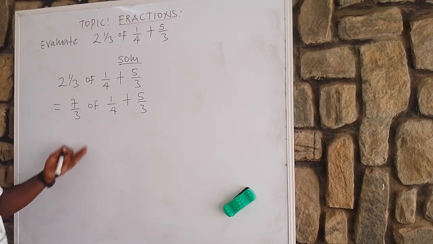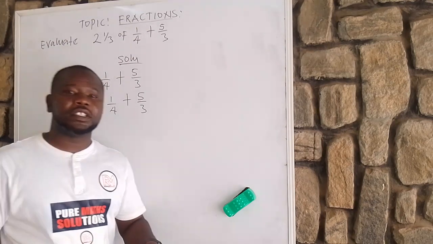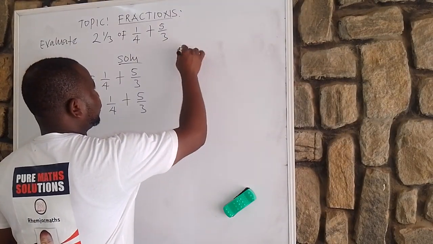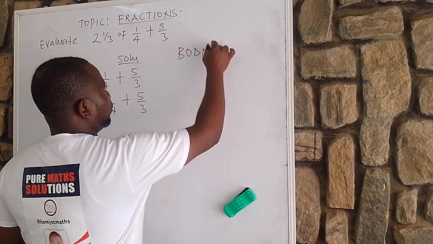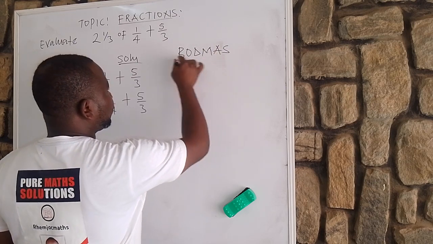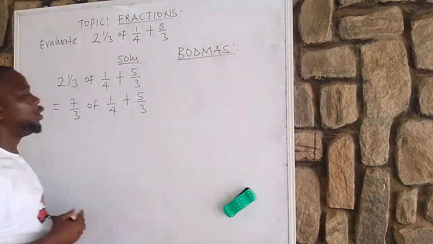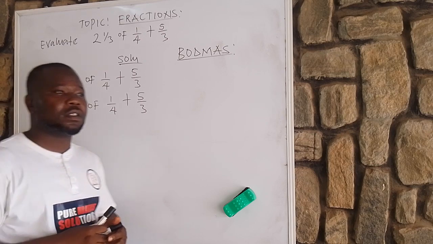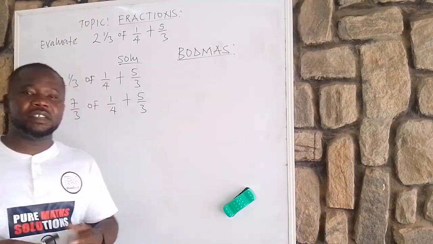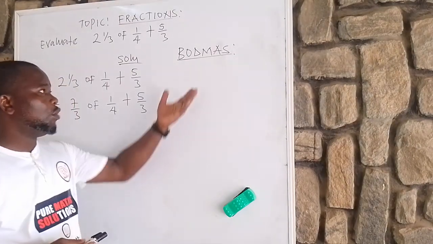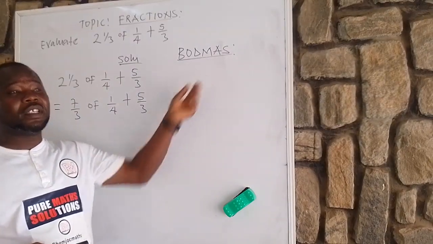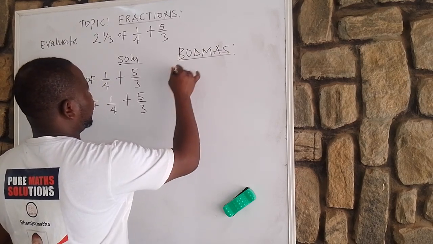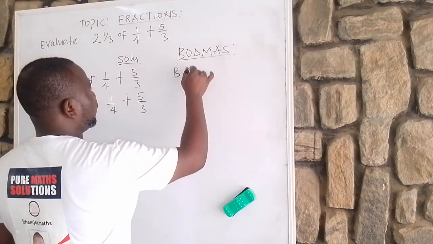At this point, we are going to use what is called BODMAS. Whenever you come across fractions containing mixed fractions, proper fractions, improper fractions, you must make use of what? The BODMAS. Let me define BODMAS for you. B stands for bracket.